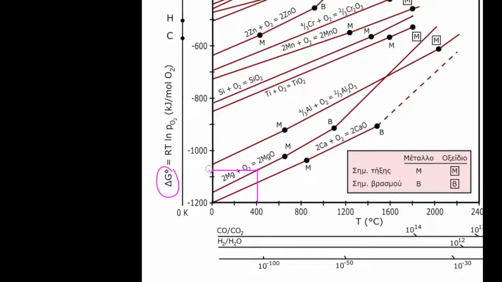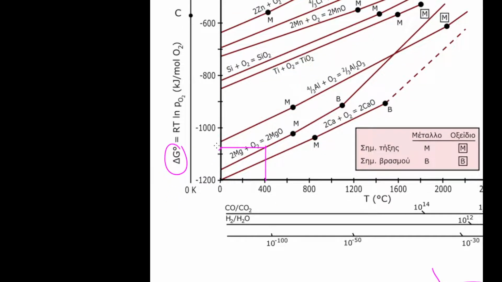Okay, so if nandito siya, so for this one, at 400 degrees Celsius at equilibrium, we are to expect that the delta G naught should be equal to this value right here. So this is negative 100. So somewhere in the middle is negative, again, pababa to, no? So negative 1050 to.